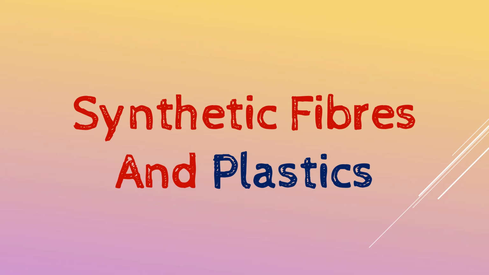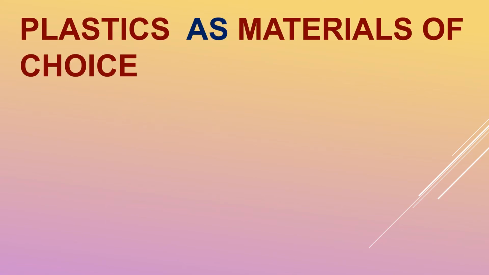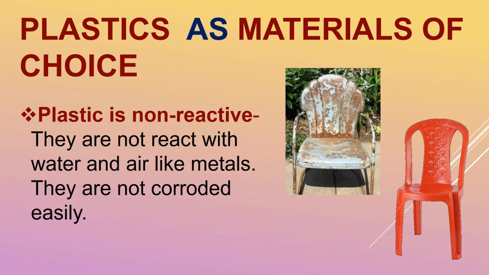Today we are going to study some important characteristics or properties of plastic. We already know the properties, and once more we just see which are the important ones. Plastic has a wide variety of uses. When you look around your room, you can see many articles made of plastic.